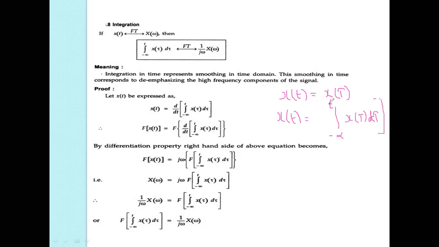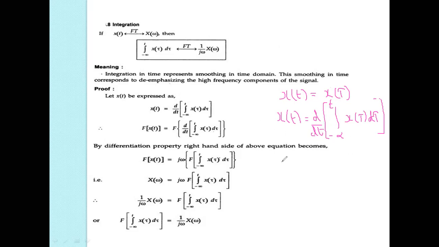The derivative of the integral gives again x of tau only, whatever the signal is there. So x of t is equal to x of tau only.